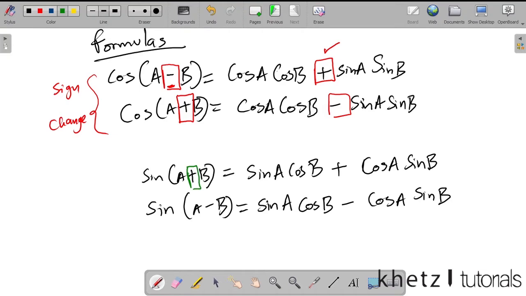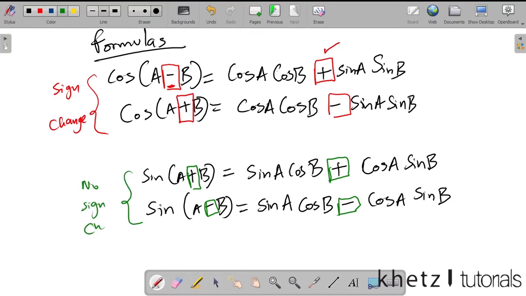If you have a positive, you're going to have a positive in the output. If you have a negative there, you're going to have a negative over there. So for sine, there is no sign change.